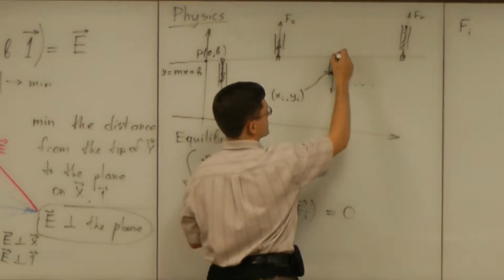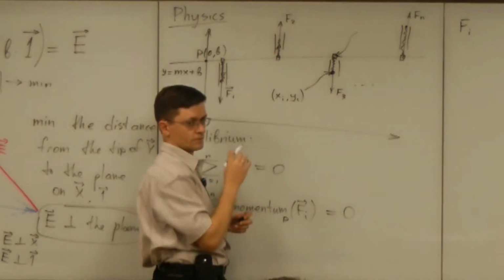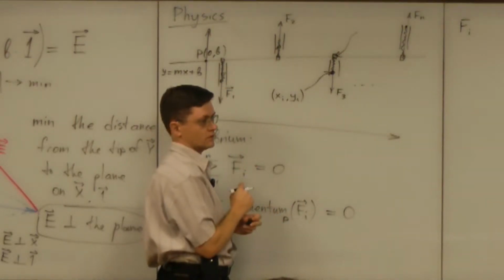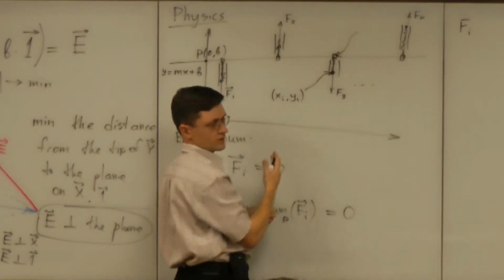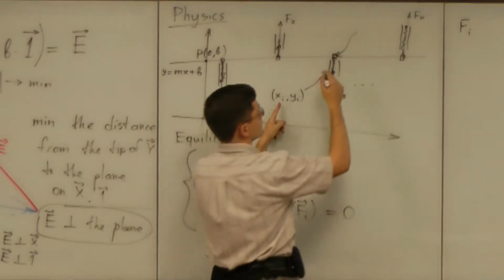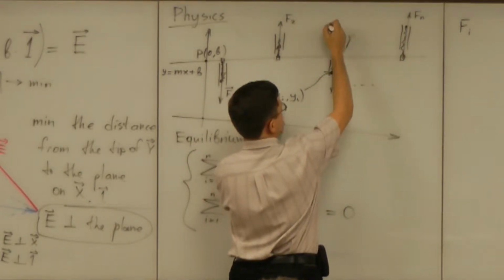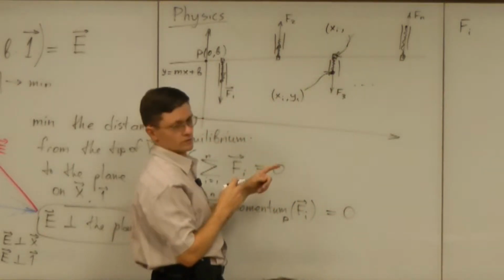Is there anything we can say about this point where the spring is attached to the rod? Since I made the spring vertical, it will have the same xi coordinate. And so this point will have coordinate xi. And what would be the y coordinate?